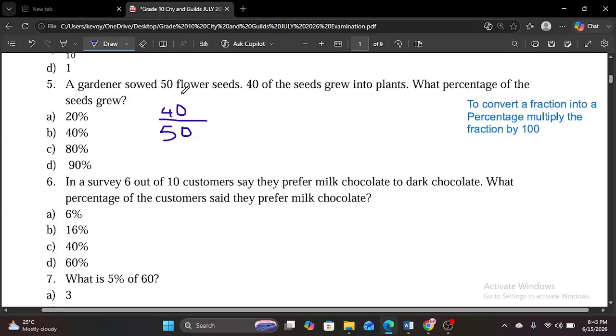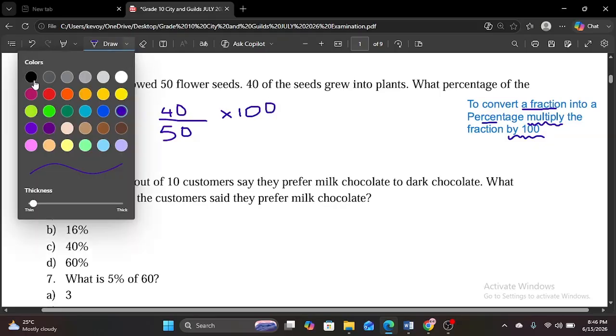So if you want to convert a fraction into a percentage, then we have to multiply the fraction by 100. So that's exactly what we're gonna do. We're just gonna multiply this fraction by 100 right here. What I normally tell my students: if we're multiplying a fraction by a whole number, change the whole number by putting it over 1.